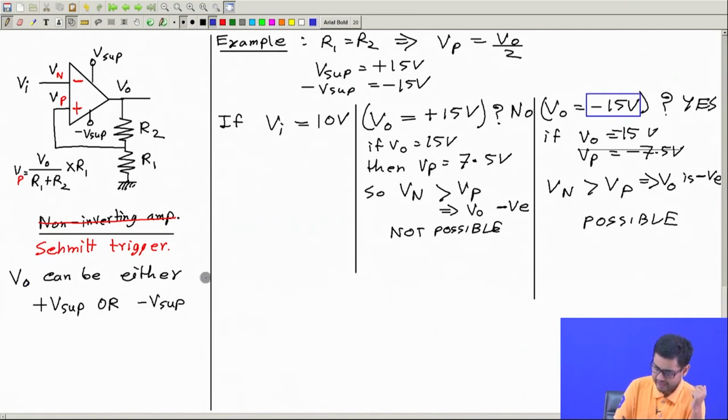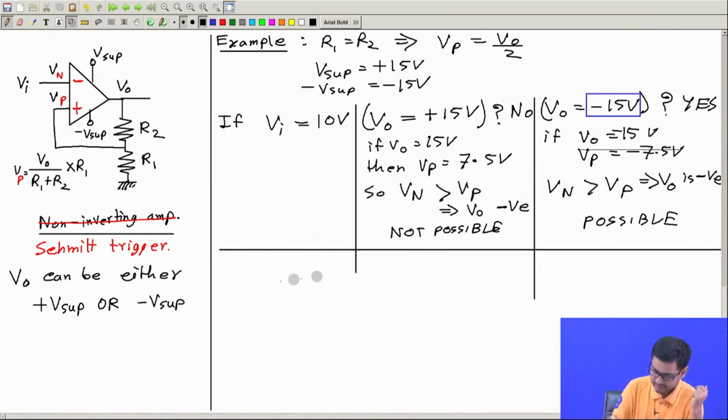Now let's take another case where input Vi, which is same as Vn, is equal to say 5 volt. Okay. Now let's ask, is Vo equal to 15 volt possible? Okay, let's check.